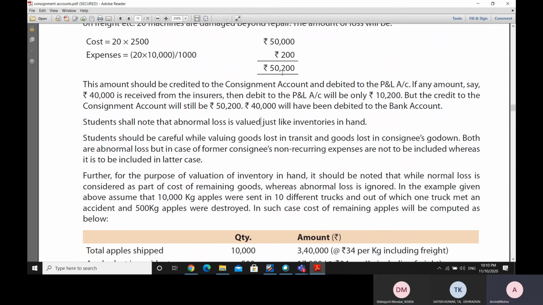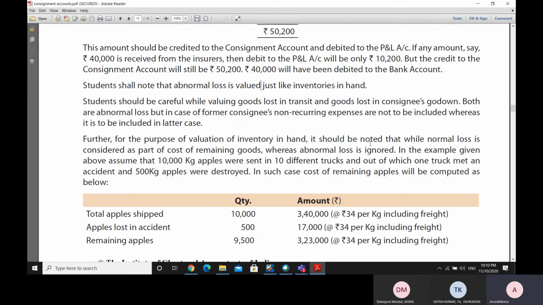Now, when we come to the inventory in hand, for the purpose of its valuation, normal loss is considered as part of the cost of the remaining goods, whereas abnormal loss, if it has happened, would be ignored in calculating the valuation of the inventory in our hand.